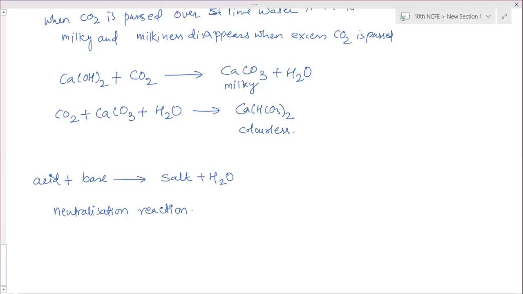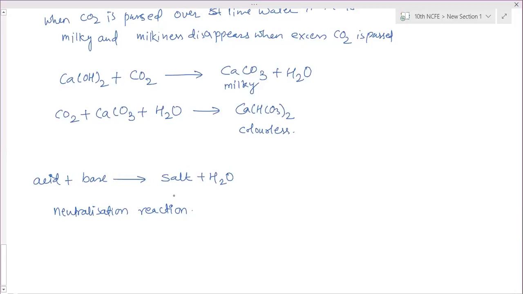Ma'am, when an acid dissolved in water combines with a base dissolved in water, it forms salt and water. The salt is mostly neutral. Mostly? Now you are telling this answer, Shubha? No, I mean it's always neutral. Always neutral?